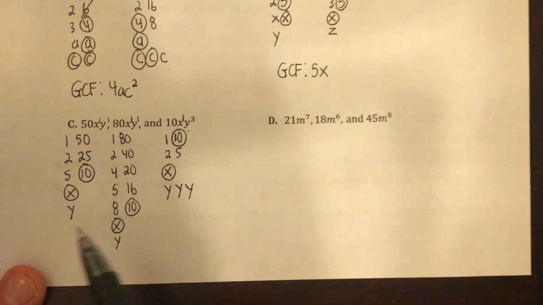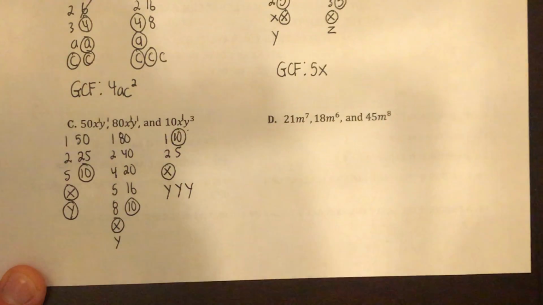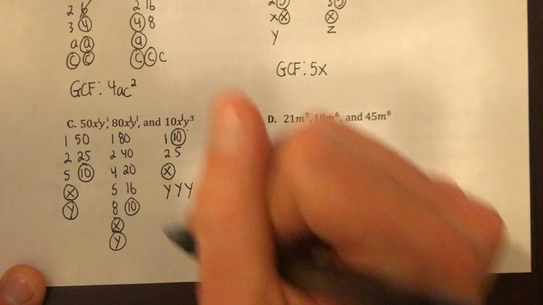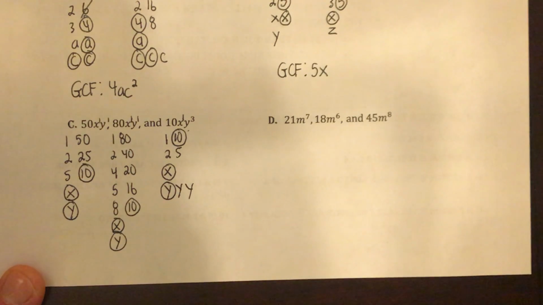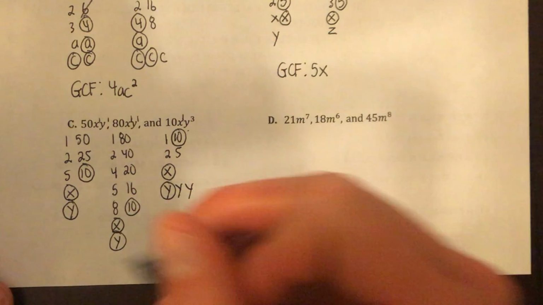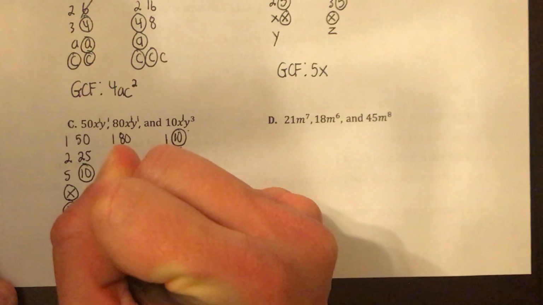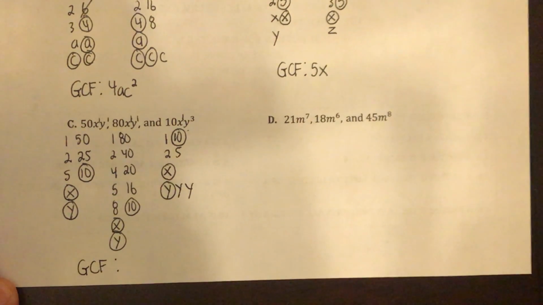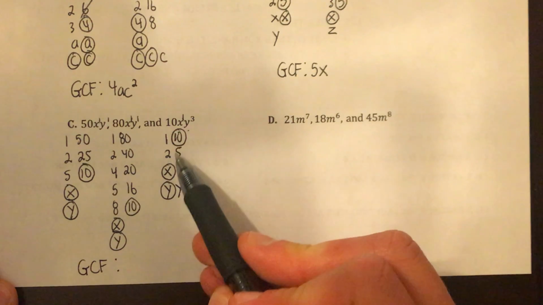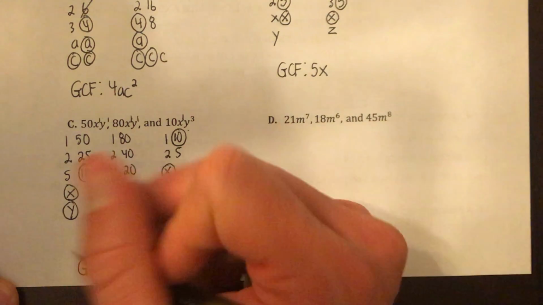It does have a y, so I'm going to circle this y, I'm going to circle this y, and I'm going to circle 1 of those y's, because I only circled 1 in each one of those lists. Very good, so now I've got what I need to do my greatest common factor, so GCF is, and I look at my list, 10xy.